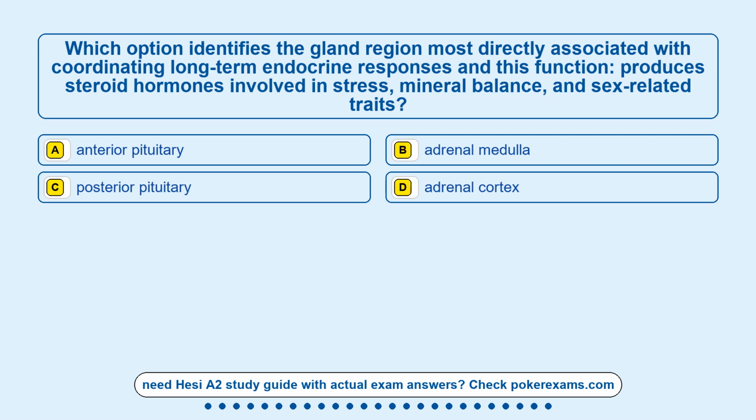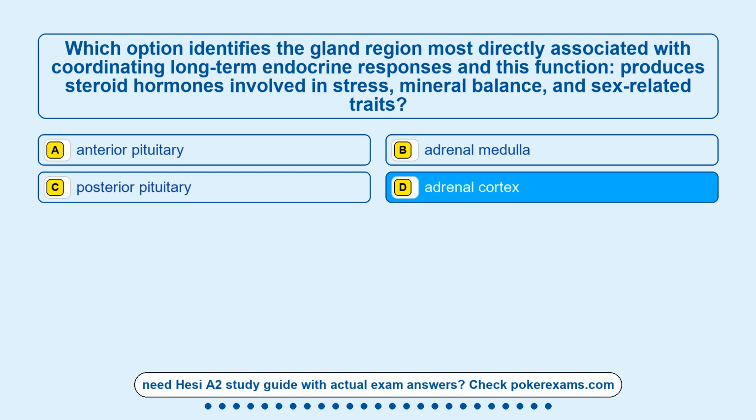Question 22. Which option identifies the gland region most directly associated with coordinating long-term endocrine responses and this function produces steroid hormones involved in stress, mineral balance, and sex-related traits? Option A, anterior pituitary. Option B, adrenal medulla. Option C, posterior pituitary. Option D, adrenal cortex.